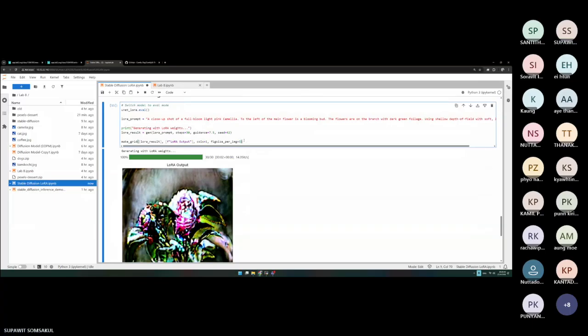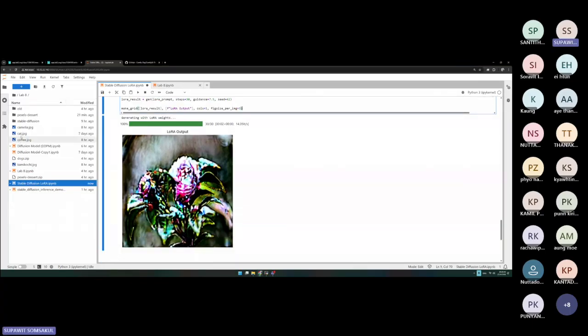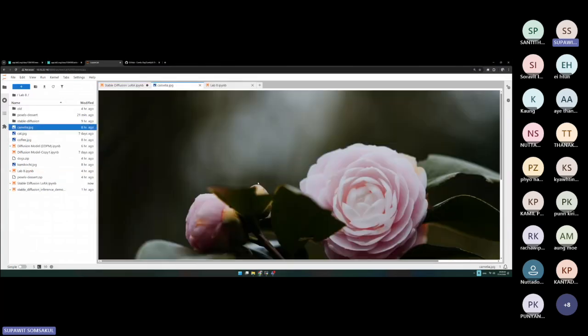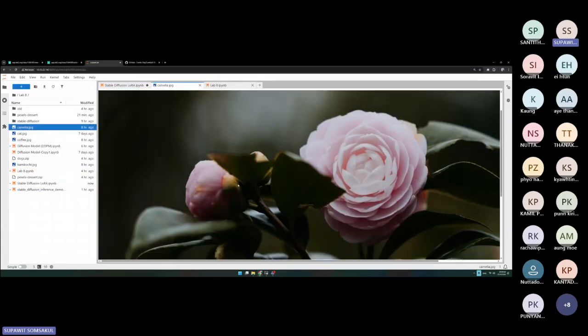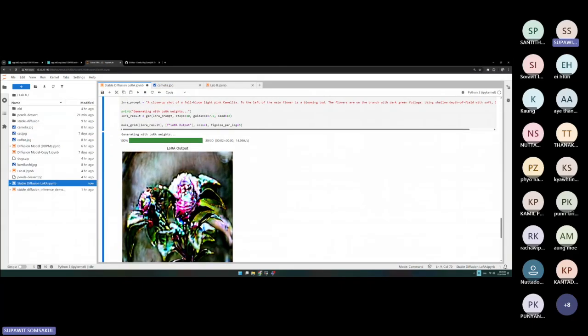Okay, you may see the resemblance of this one to the example image that I gave to LoRa training. The quality might not be that great, but you can see that it captures some of the details of the flowers, of the leaves, of the branches, and the lightings.